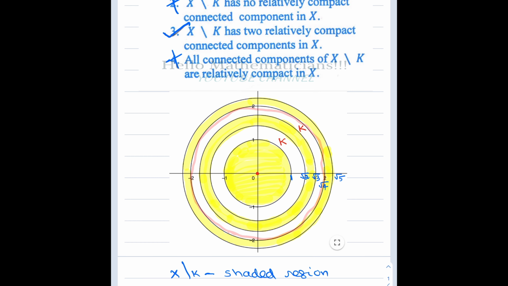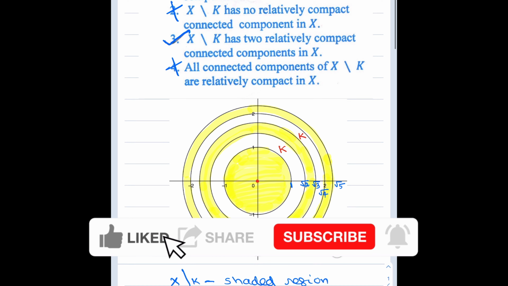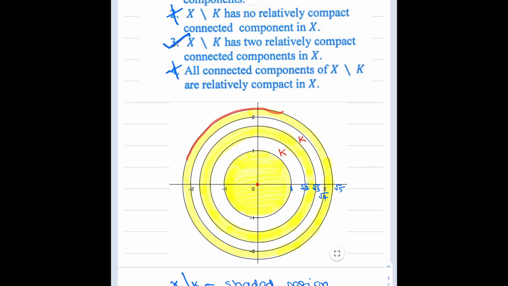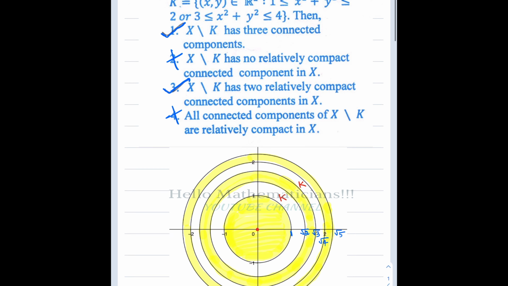You won't get this outside circle, because that circle is not even in X. We are looking at the closure in X, but X itself doesn't contain this outside circle, because X is given to be strictly less than 5.